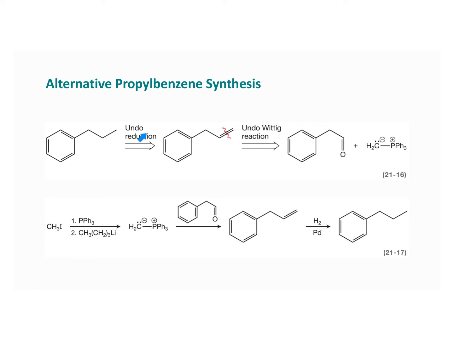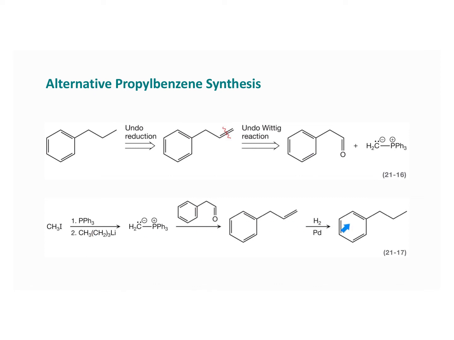Where we're going to undo a reduction, and so now we have this double bond, and then we undo a Wittig reaction, okay? So, again, when we think in reverse, we think, okay, what functional group would I need to attach a carbon, okay? And how would I get that functional group? Okay, so we would undo reduction, and then we'd undo the Wittig.